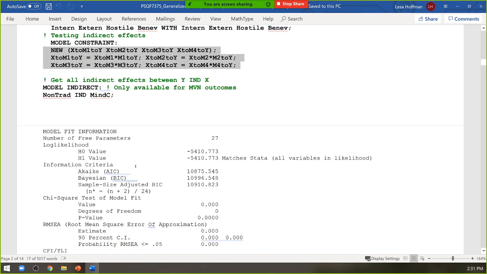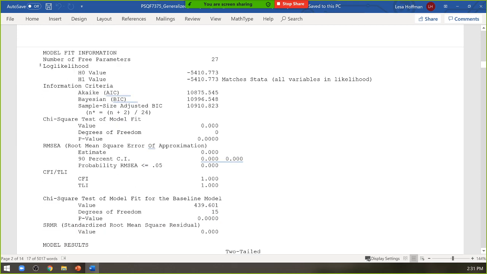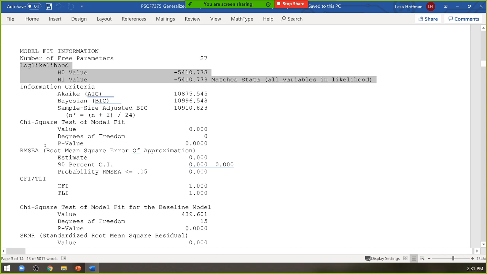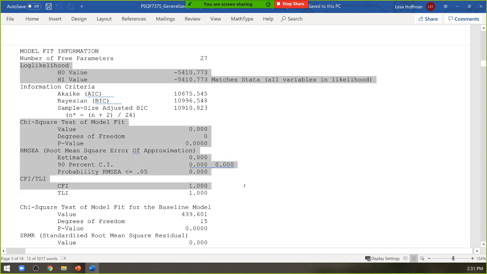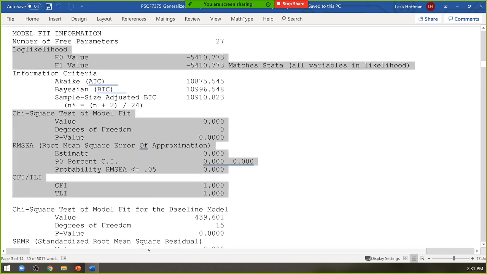Then the outcome. Here's the output. Okay, here's a question for the audience. I'm going to highlight this right here, and I'm going to highlight that right there. What does that tell me? Try and make it a little bigger so you can see.